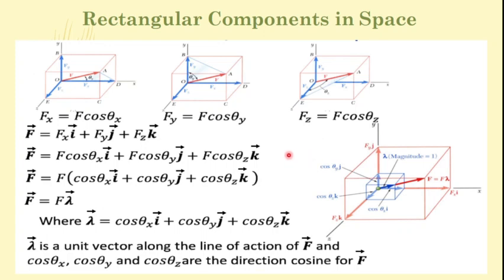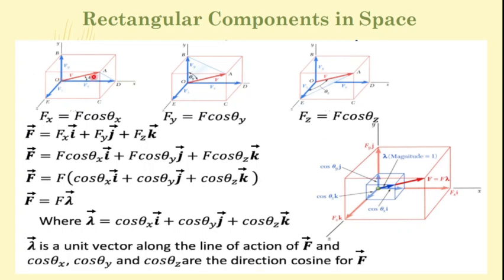And if we write the force vector in this way, force vector F is equal to F, the magnitude of the force, times lambda, where this lambda is a unit vector along the direction in which the force acts.